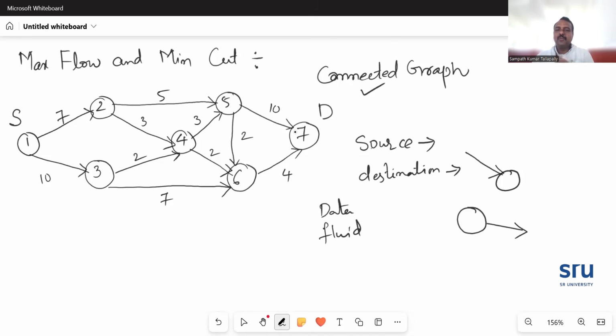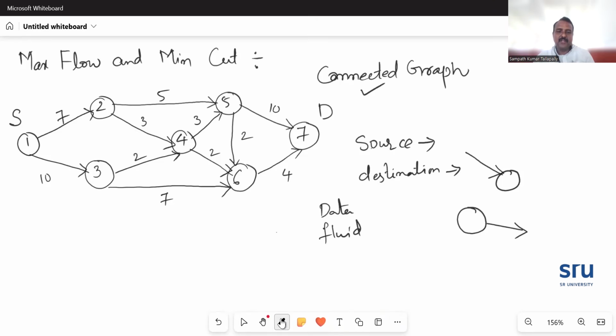Now we need to find the maximum flow from the source to the destination by using the Ford-Fulkerson algorithm. We are going to implement that algorithm and see what the maximum flow from the source to the destination is. Meanwhile, I will erase all the content here so that I can clearly explain the components.